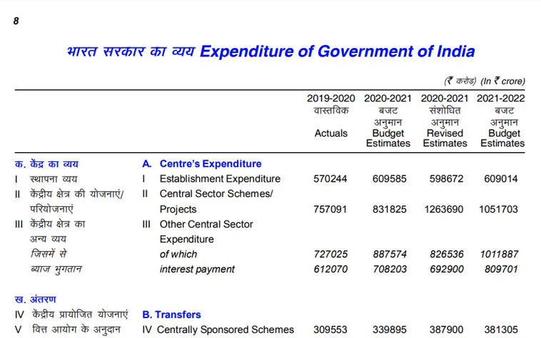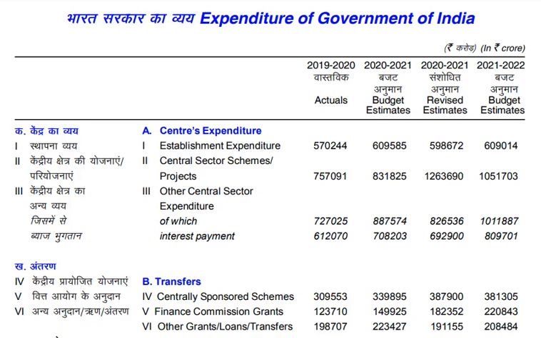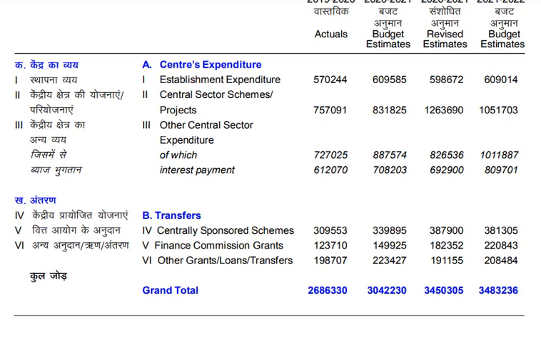In this particular section, section A covers expenditure, primarily focusing on the central government. The plans where the central government has planned to spend are covered under A. Under B, they are transferring some amount on various expenditures.